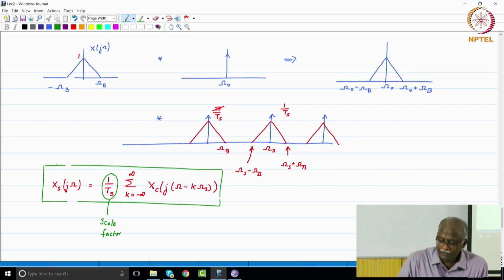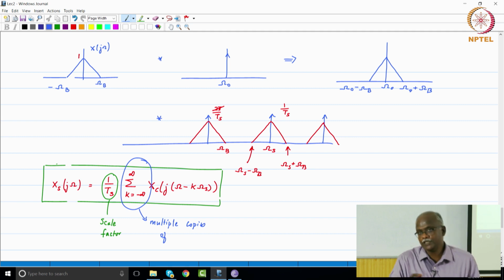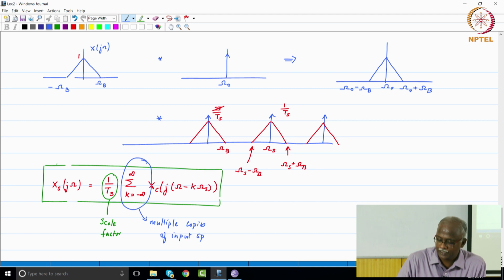The second element is very, very important. Basically, we have produced multiple copies of the input spectrum, in fact an infinite number of copies. Through the sampling process, this is inevitable.